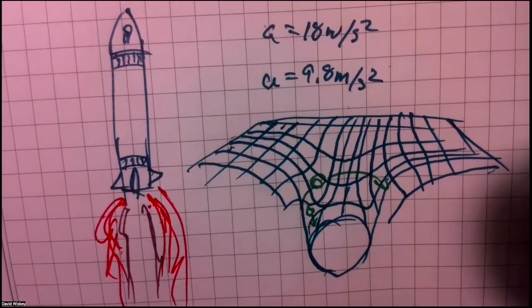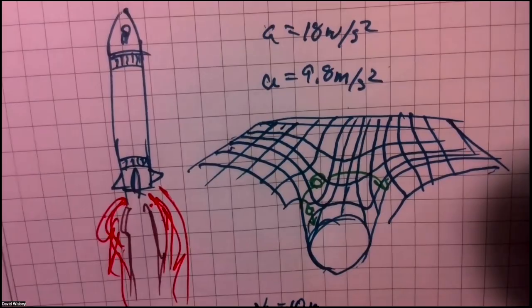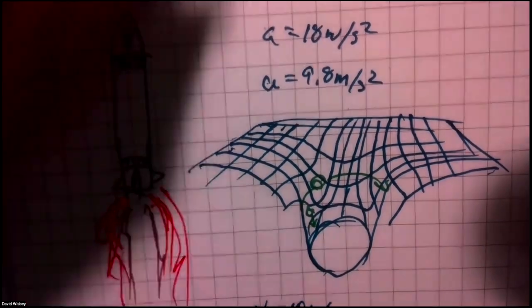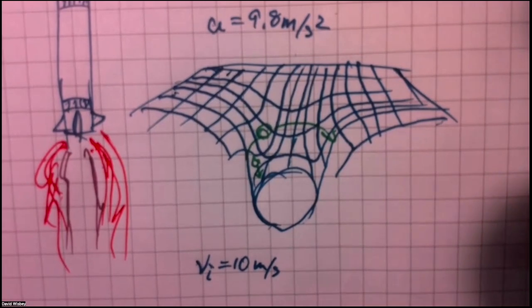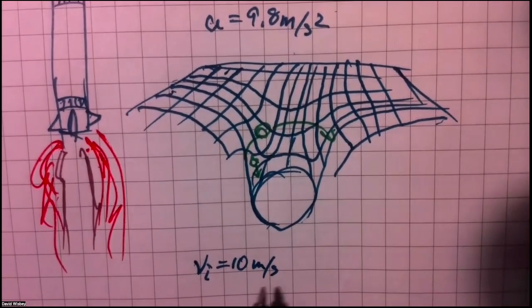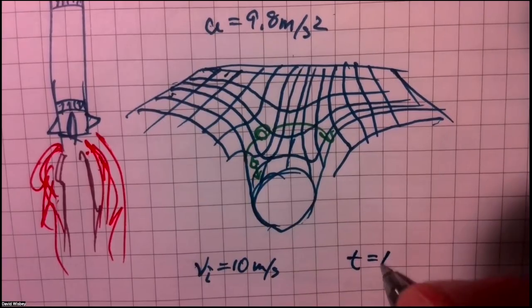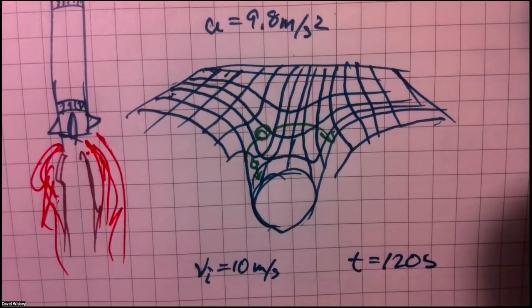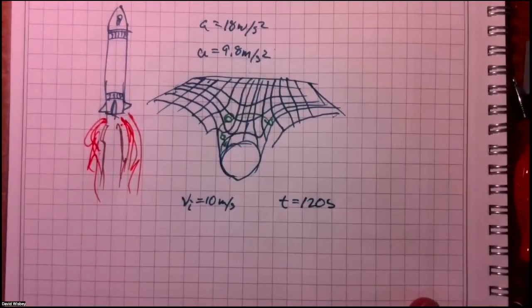Let's say that our initial velocity is 10 meters per second. And we want to know, at t equals, let's say, 120 seconds, so 2 minutes after launch, how fast is my spaceship going to be traveling?